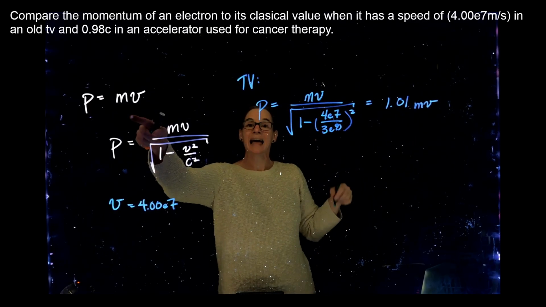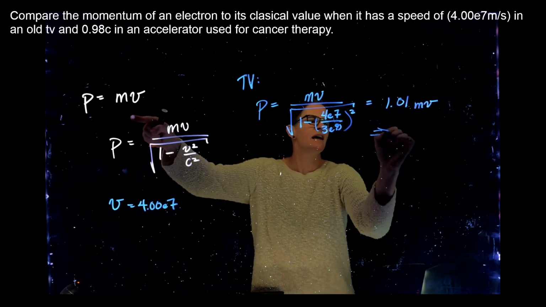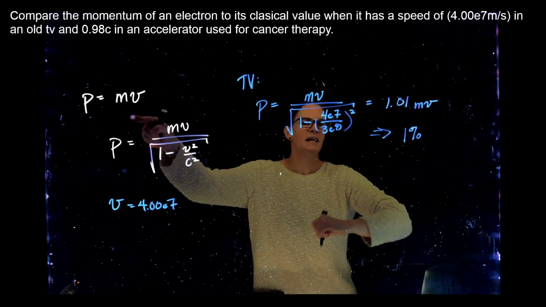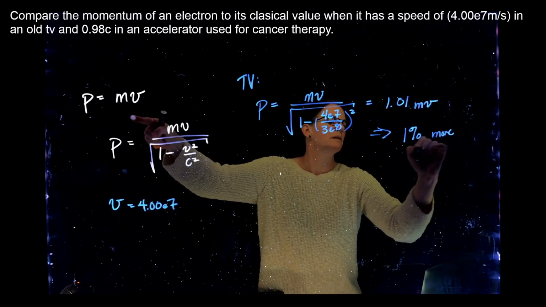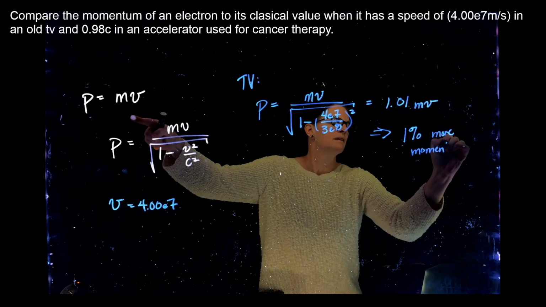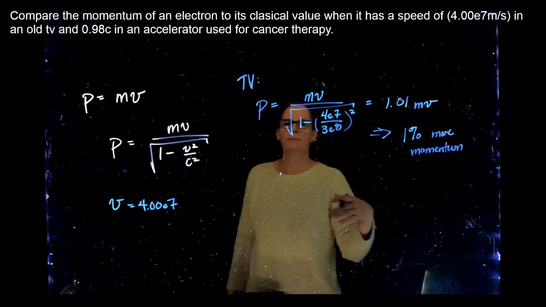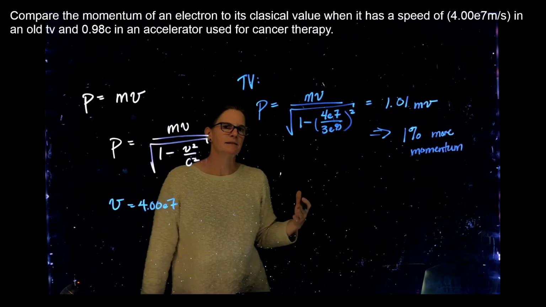Now mv is our classical value, so this tells us that it's 1% more momentum than if we consider the momentum of that electron in the classical sense.